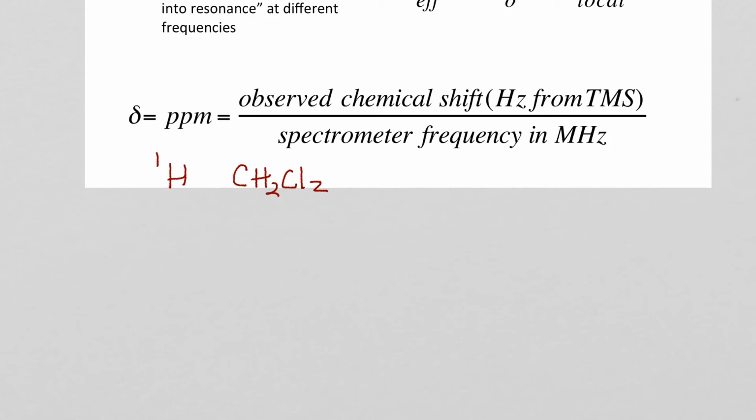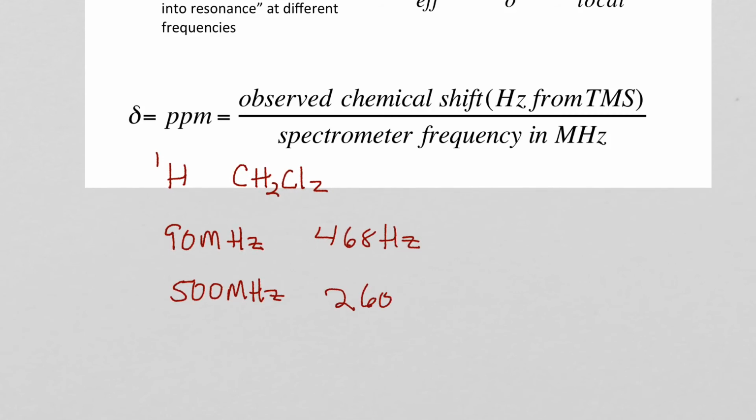But at 90 megahertz, that peak appears shifted 468 hertz downfield from TMS, whereas if you have a 500 megahertz NMR, then that peak is going to appear shifted 2600 hertz downfield from TMS.